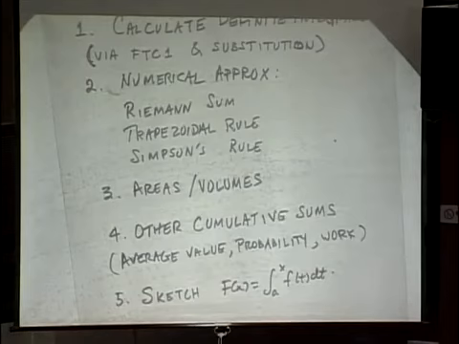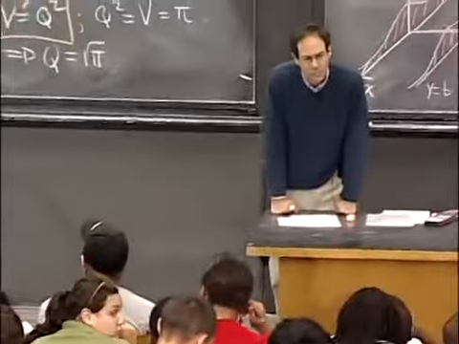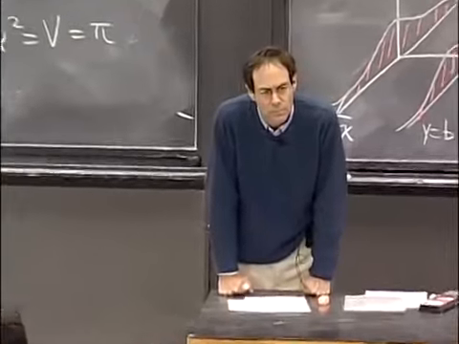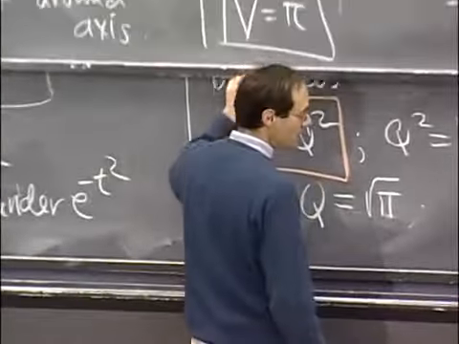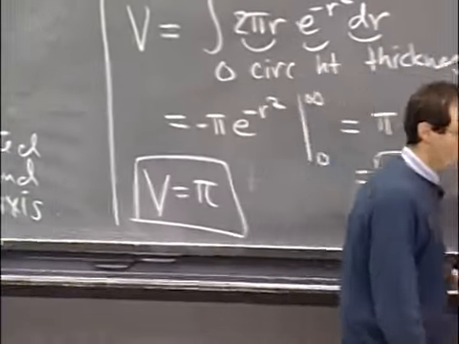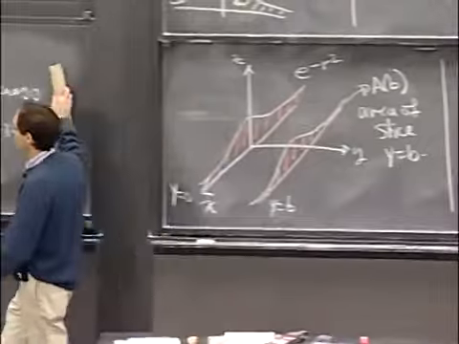Yes, question. As far as the numerical approximations go, using sums, what's the difference between upper and lower and right and left? Okay, good question. So the question is, for Riemann sums, what's the difference between upper and lower and right and left?